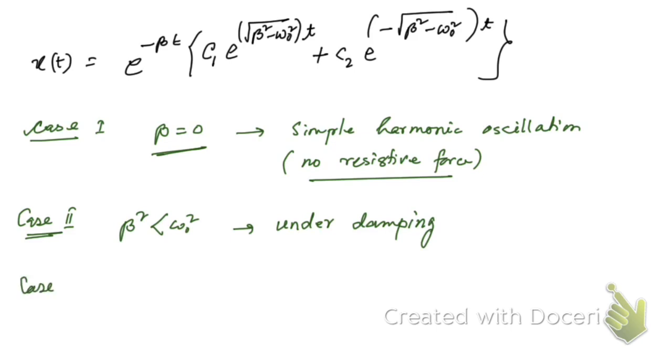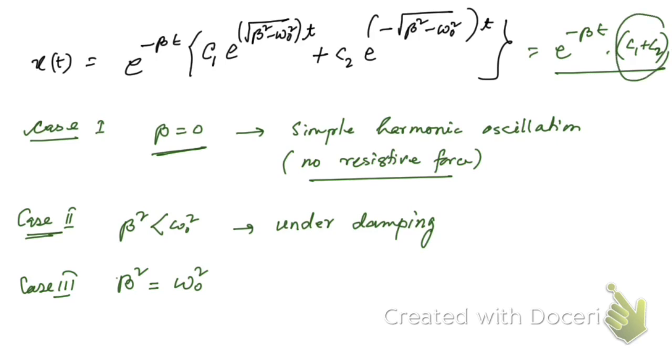Now case 3. When beta is equal to omega naught, then here we will get e to the power 0, and here also we will get e to the power 0. We end up getting only e to the power minus beta t into c1 plus c2, which is a constant. If this part is constant, it doesn't mean oscillation.